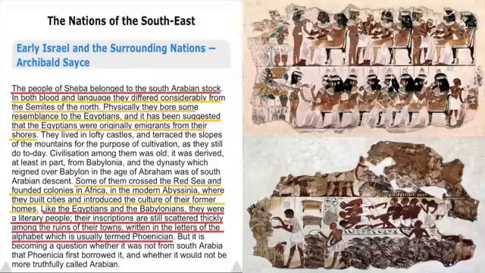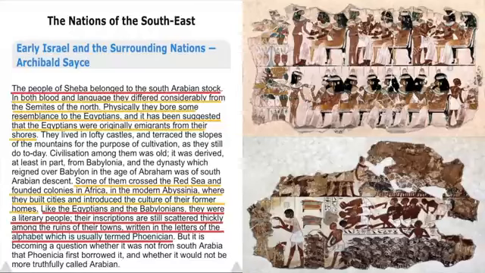And this quote right here, from Early Nations of the Southeast, Early Israel and the Surrounding Nations by Archibald Sayce, says the people of Sheba belong to the South Arabian stock. In both blood and language, they differed considerably from the Semites of the north.